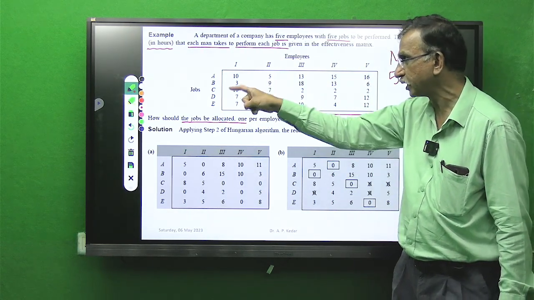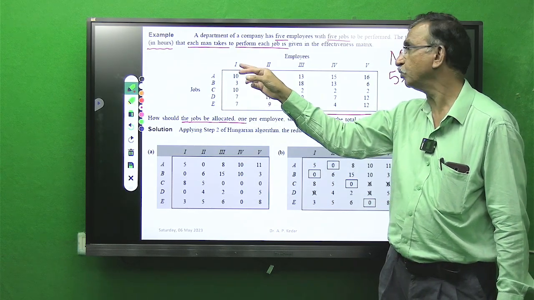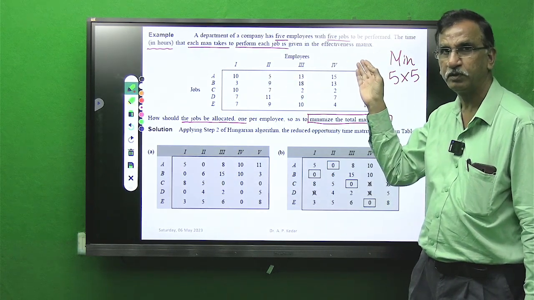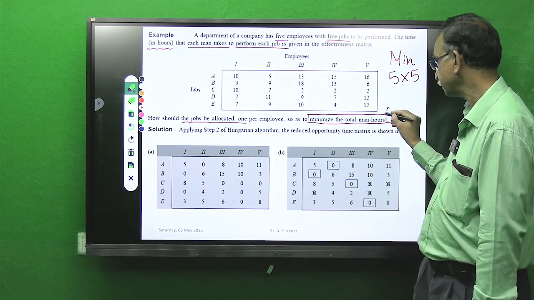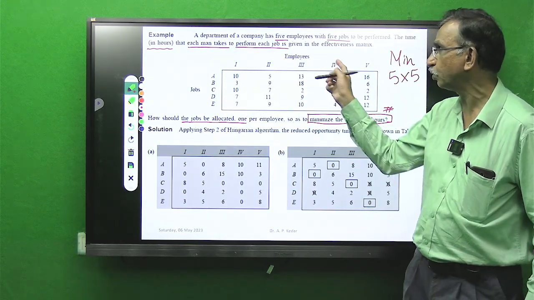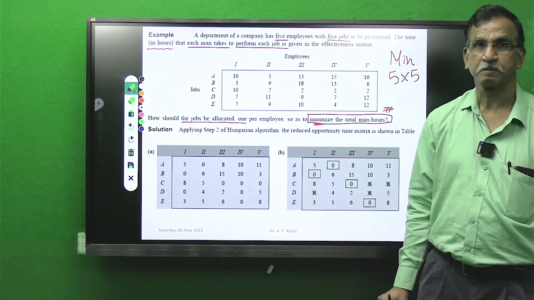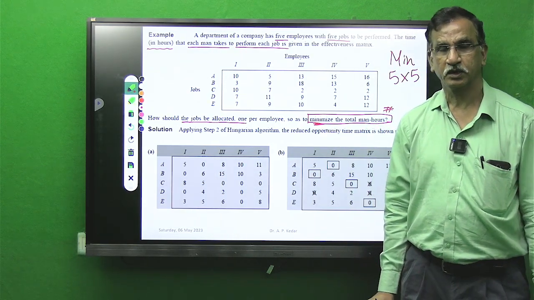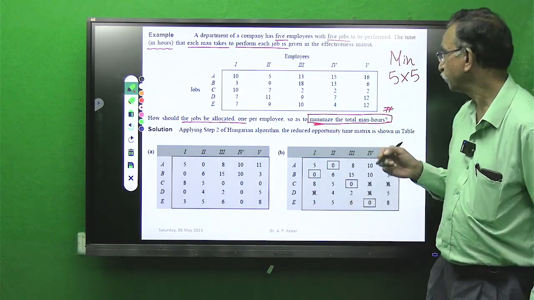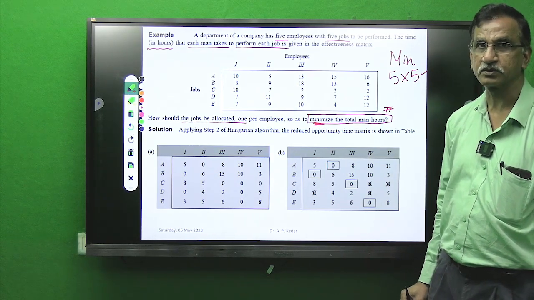Our aim is to assign each one of these jobs A, B, C, D to the available employees 1, 2, 3, 4, 5 in such a way that the total man hours of performing all 5 jobs through all 5 employees is minimum. That is the target, that is the objective function of this assignment problem. If you recall, the first step in an assignment problem was to ensure that it is a square matrix. So yes, it is a square matrix, 5 by 5.